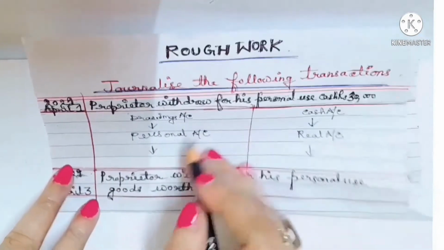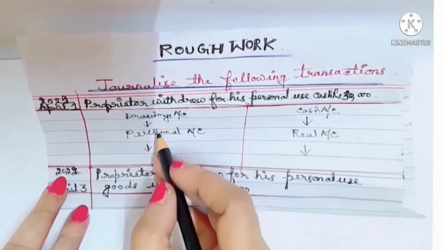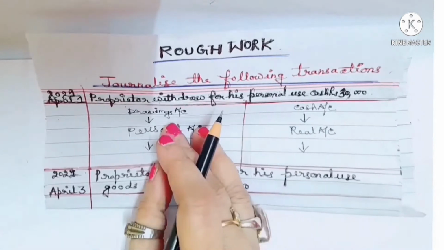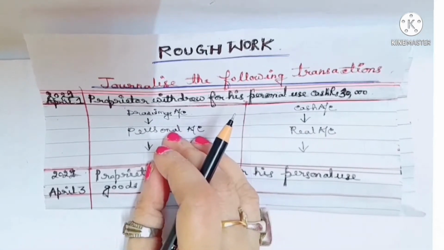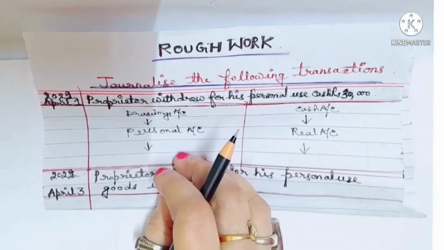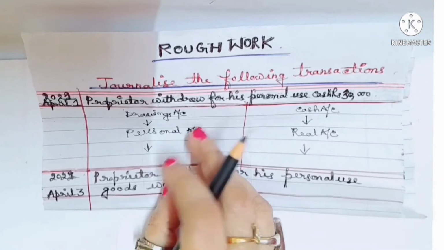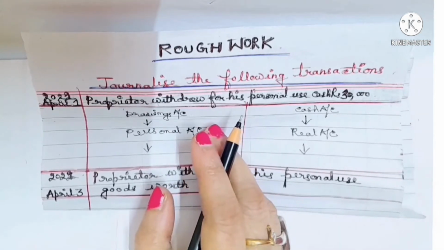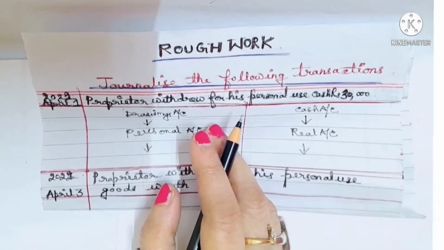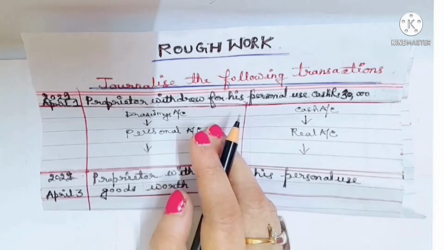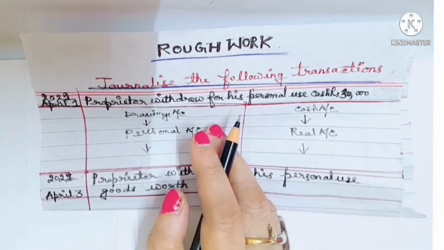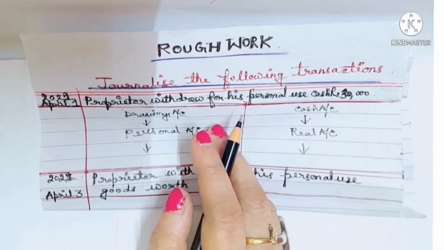According to the 3 golden rules of accounting, remember one thing: when the proprietor withdraws cash from the business for his personal use, or withdraws goods for his personal use, it will always be termed as drawings account.